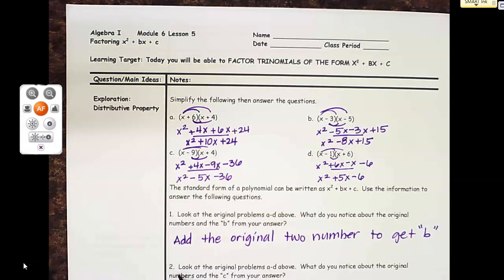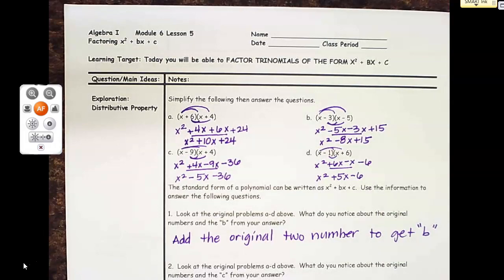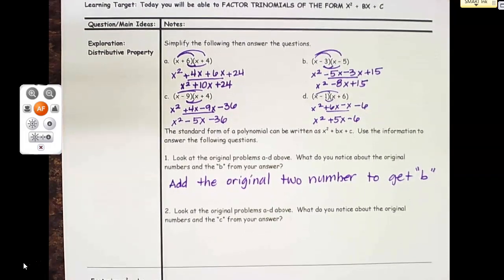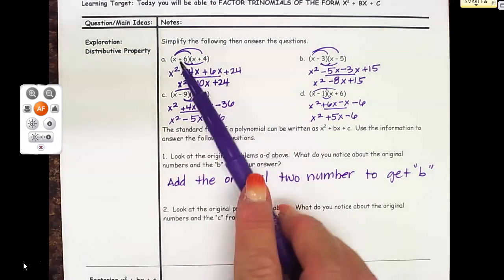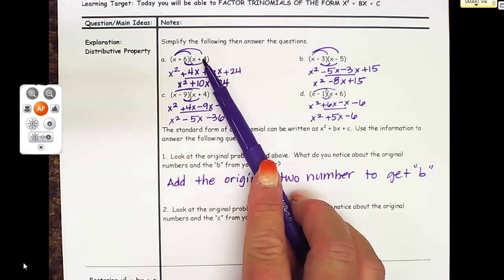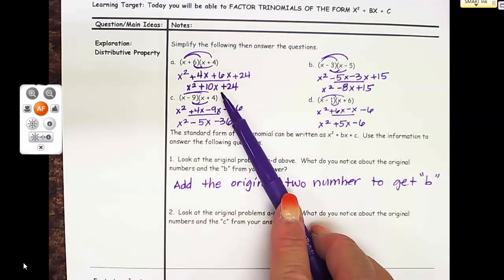Now I want you to look back at the original problems A through D above, and what do you notice about the original numbers and the C from your answer? So remember, C is the constant term at the end. So if you want to pause and see what you think you're supposed to notice. And then what I notice is that positive 6 times positive 4 equals positive 24.